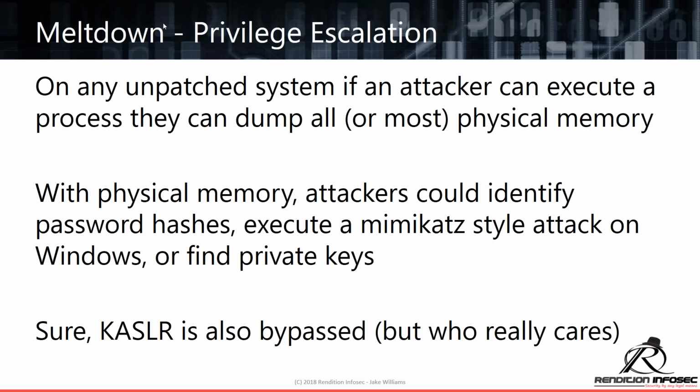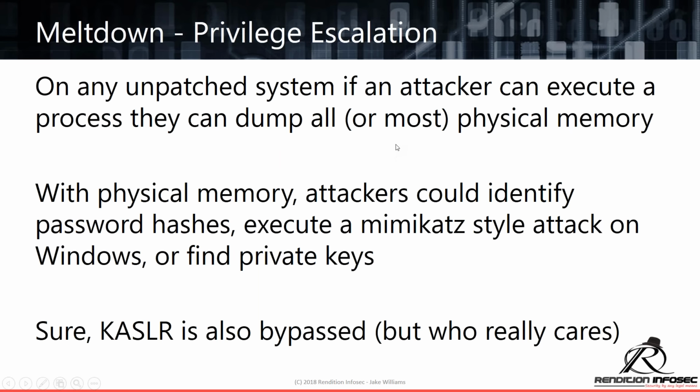And initially there were some rumors about a kernel ASLR bypass coming out, and it was really Meltdown that they were talking about. Yes, technically you're bypassing kernel ASLR, but that doesn't really matter, right? At the end of the day, the only reason you care about bypassing KASLR is to execute a privilege escalation exploit. And we can already privilege escalate here because we can take control of physical memory, and that's just cool, right?